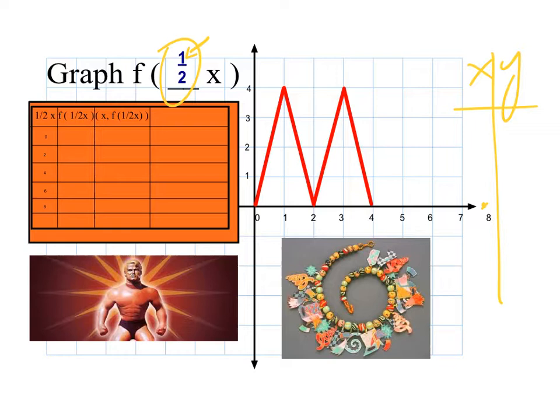So some people go, okay, so my M is stretched out, but then they make it like half as tall also. It's got to be the same height as the original. And it's got to get twice as wide.